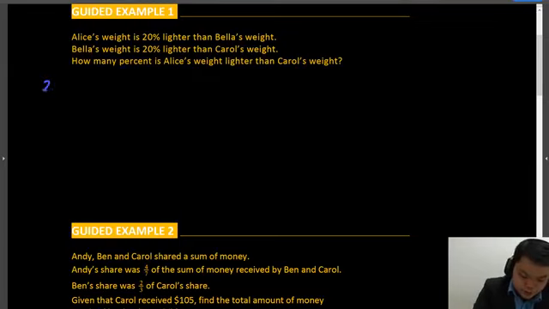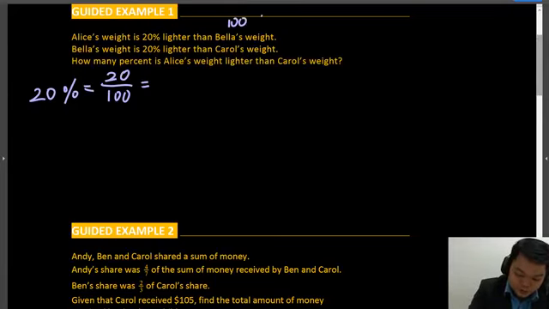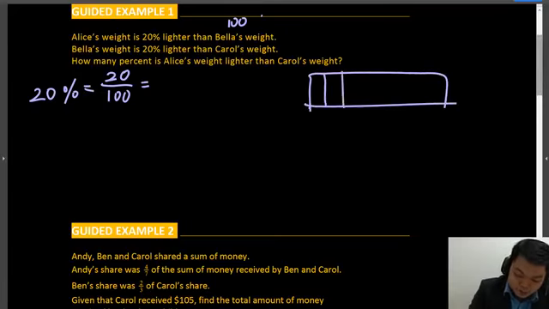This 20%, okay, let me use something lighter because I think it's alright to go light. 20% is 20 blocks out of a total of 100. For the P5s who haven't learned percentage yet, think of this as Bella's weight has got 100 blocks and Alice's weight is 20 blocks less than Bella's weight.